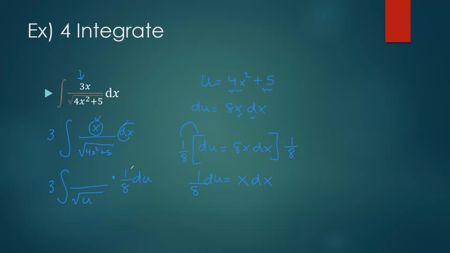Then you have a constant of 1/8, so put it outside. But don't forget you have a 3 here, so you still have to multiply that 3 by the 1/8. So 3 times 1/8 is 3/8. So put it outside here. And then you have a 1 over square root of u du.